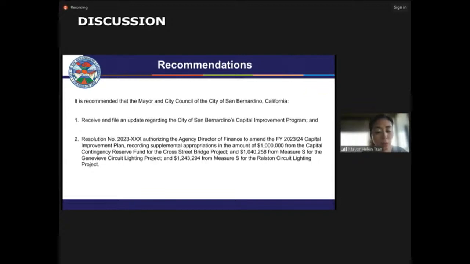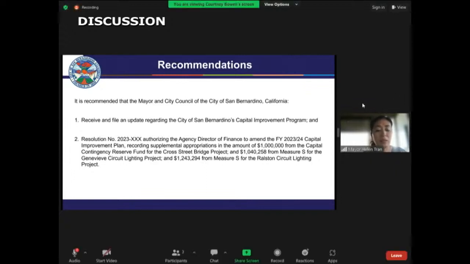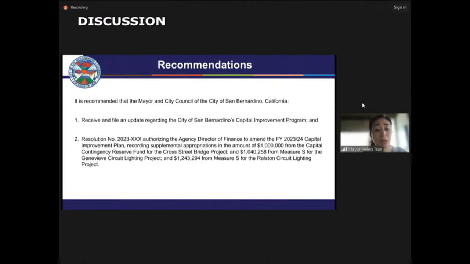So that's why it's so critical that we have CIP updates practically on an annual basis until we get caught up and know where we're heading, to ensure that the funding is identified, council is well informed and well versed on everything and making informed decisions as we move forward. So, you know, we're taking steps in the right direction already tonight. And it's very critical that we continue these CIP updates on an annual basis.